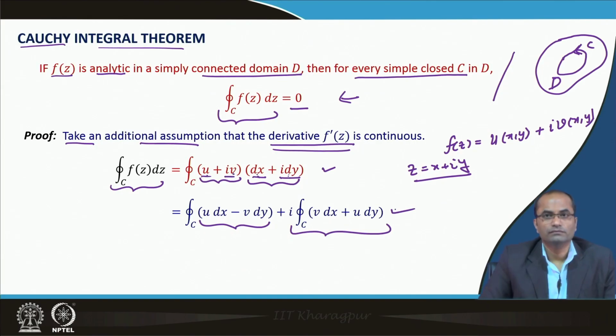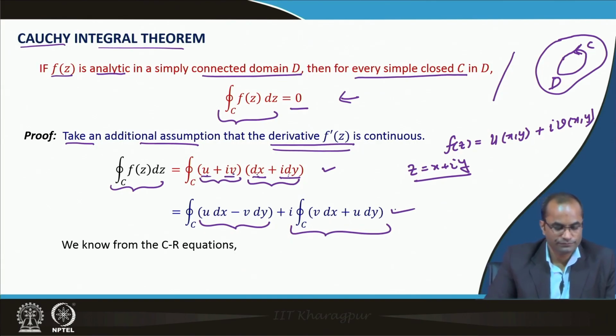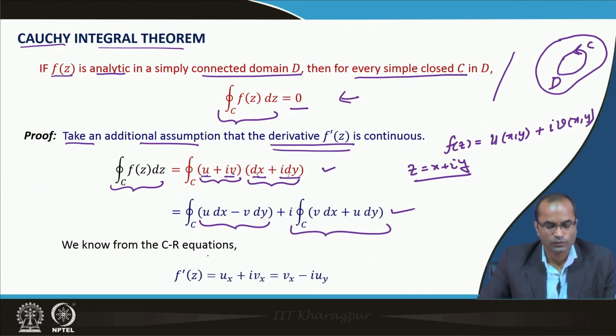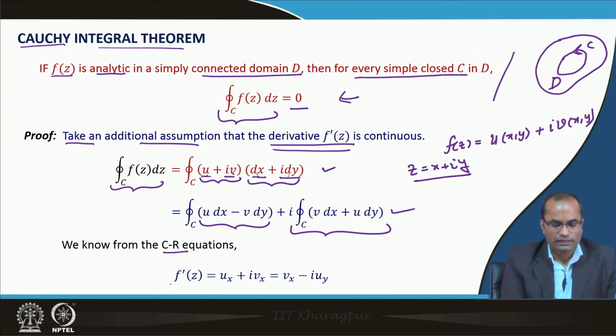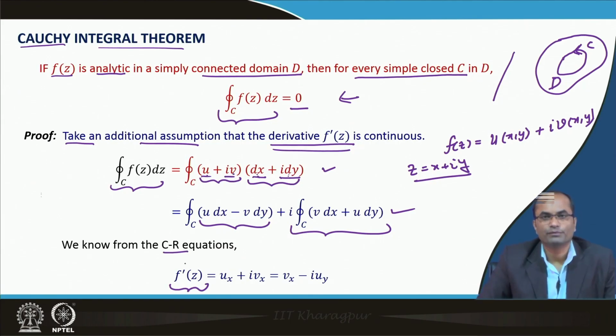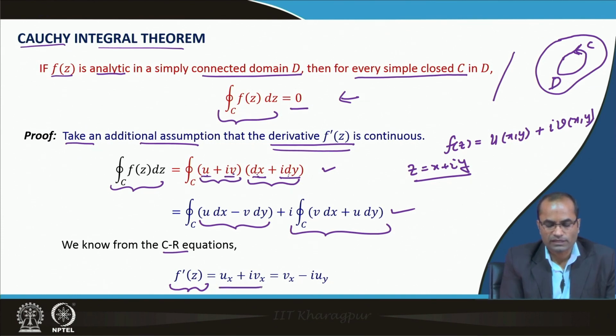This is the result of the multiplication, and we know from the CR equations, the Cauchy-Riemann equations, which will be used here. Since f z is analytic, it satisfies the Cauchy-Riemann equations. In the proof of the CR equations we discussed this point, that the derivative f prime is nothing but u x plus i v x, or v y minus i u y.